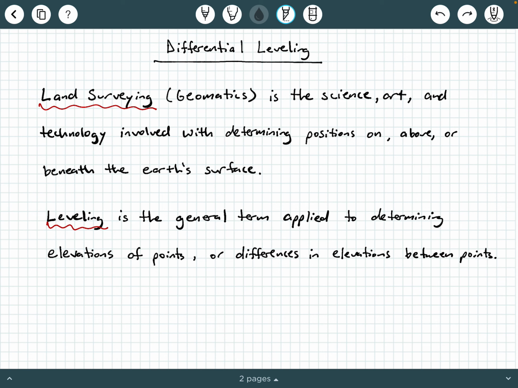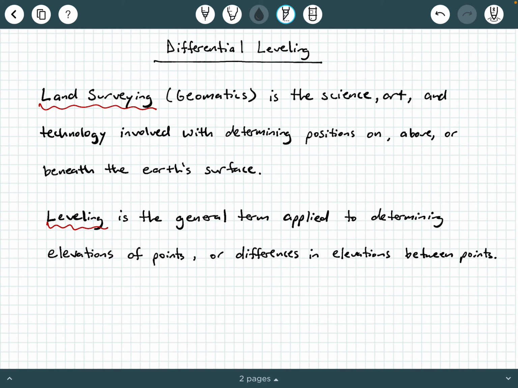One of the techniques that land surveyors do very frequently and civil engineers need to be familiar with is called leveling. Leveling is a very general term, applied to determining elevations of points or differences in elevations between points. When we say elevations, we're referring to the Z direction, up and down.